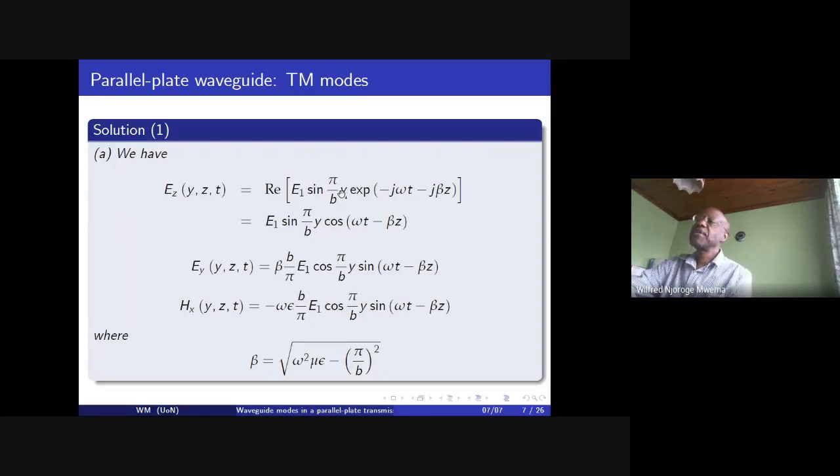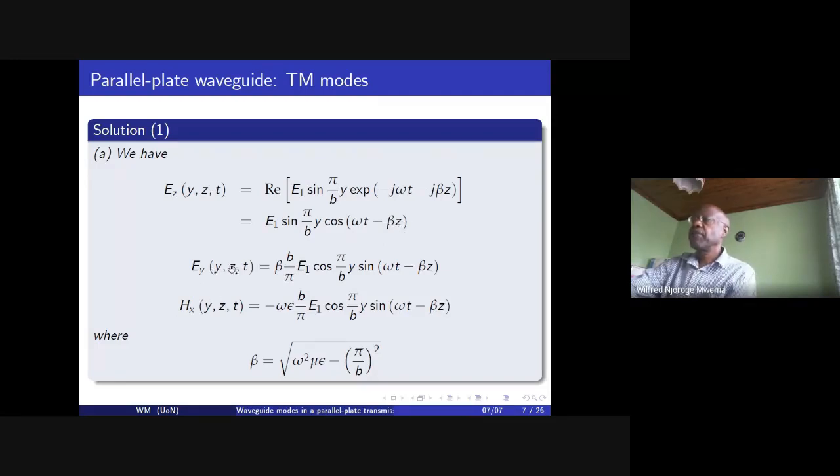Since we are using the first TM mode, TM1, n is equal to 1, so we replace that amplitude by E1 sine pi y by b. Then we multiply by the propagation factor and take the real part, and we see that Ez is E1 sine pi y by b times cosine of omega t minus beta z.